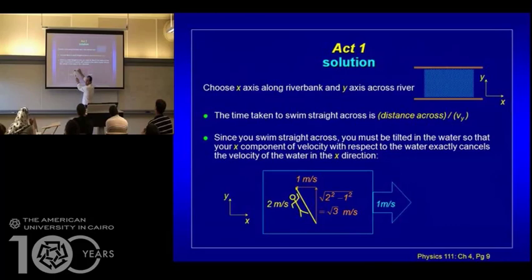If I do that, then I'm canceling the effect of the water speed. Okay? Should I say it again? This is very important. I know relative motion is sometimes confusing, but it's easy if you concentrate with me and keep asking questions.